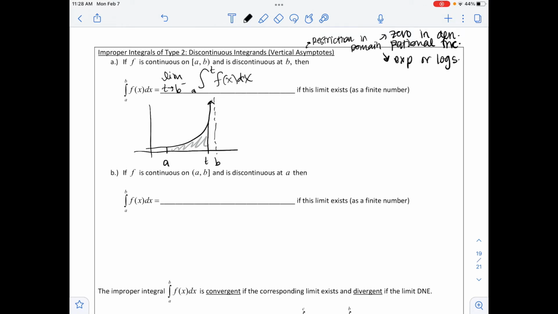Part B says if f is continuous on the interval from a to b and discontinuous at a, then the integral from a to b of f of x dx is going to equal the limit as t approaches a from the right of the integral from t to b of f of x dx, if this limit exists as a finite number.